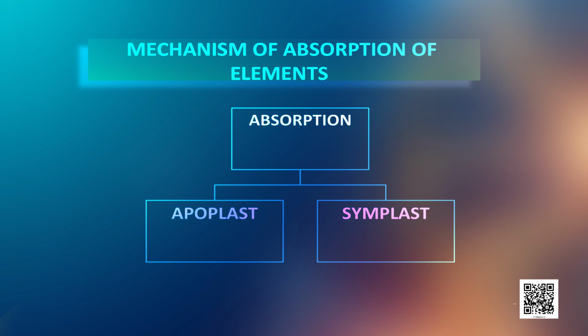In the second method called symplast pathway, water and ions move across the living symplast region, which consists of cytoplasm and plasmodesmata. The movement of ions into or out of the cells is called flux.